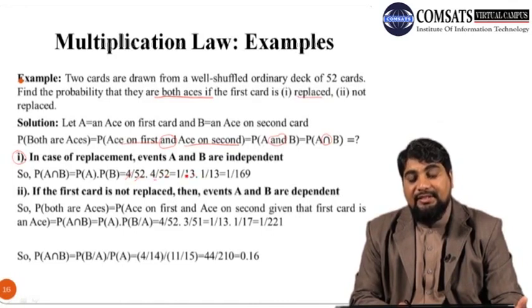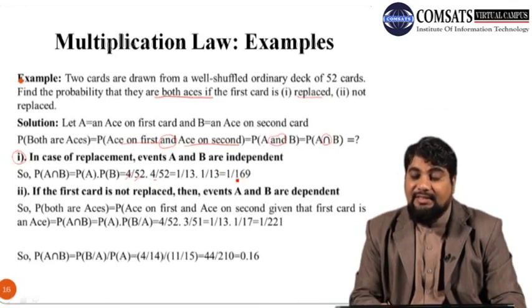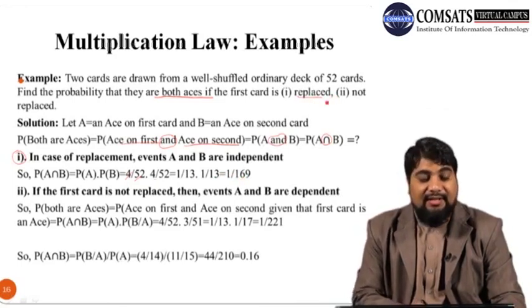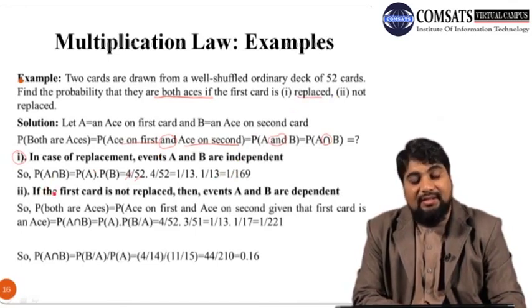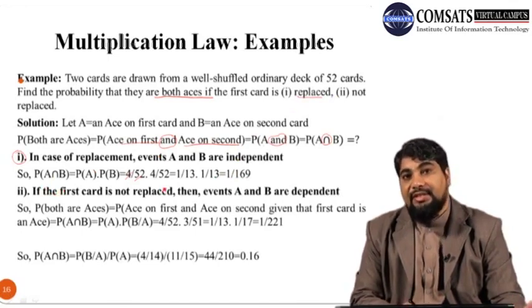If you simplify, 4 out of 52 is 1 over 13, times 1 over 13, we get 1 over 169.